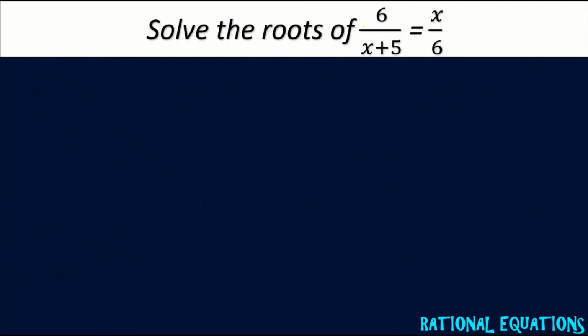Solve the roots of 6 over x plus 5 equals x over 6. So if we have these rational equations, we get our LCD. And from this equation, the LCD here is x plus 5 times 6.